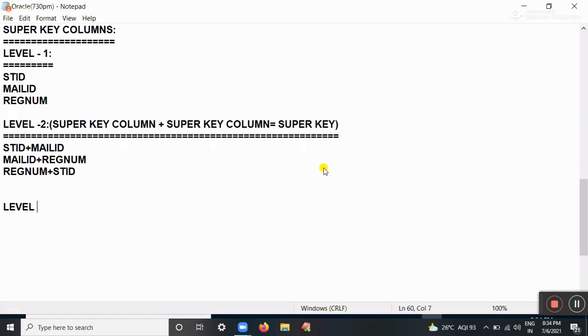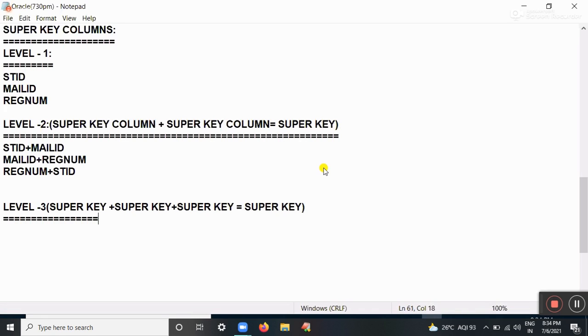Level number 3. What happened? Super key column plus super key column plus super key column is equal to again a super key.